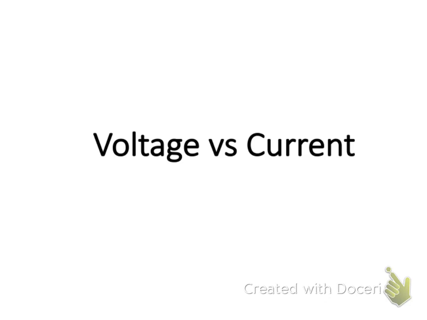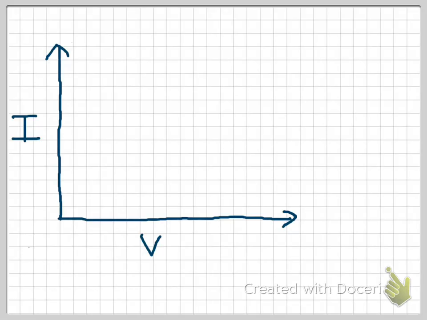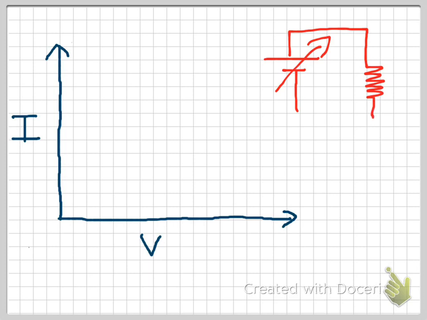Okay, some of the relationships, voltage versus current, we'll be exploring these in the lab. So here we're going to have a little circuit here, a battery. This line through the battery simply means it's a variable or adjustable voltage. Let's use a resistor. A resistor is a device which opposes current.